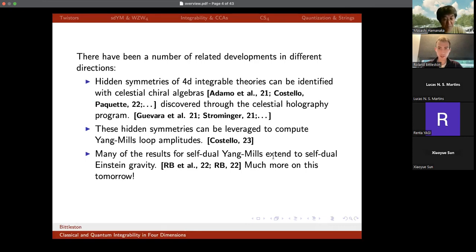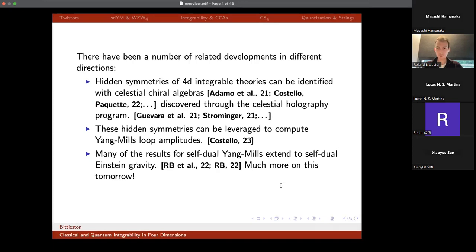This was strikingly used earlier this year by Kevin to compute a 2-loop all-plus amplitude in a certain theory of quantum chromodynamics. Not the quantum chromodynamics of the real world, but a special theory, certainly not a supersymmetric one. A supersymmetric theory wouldn't have a 2-loop all-plus amplitude.